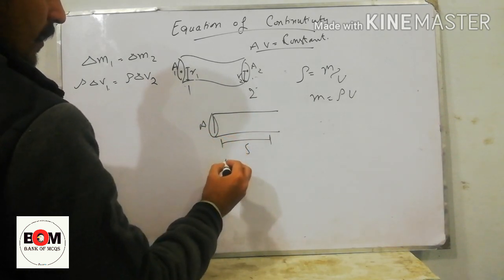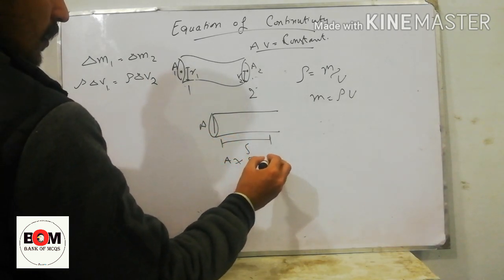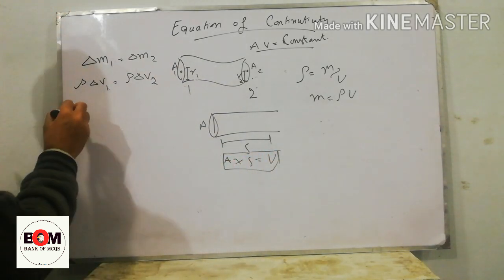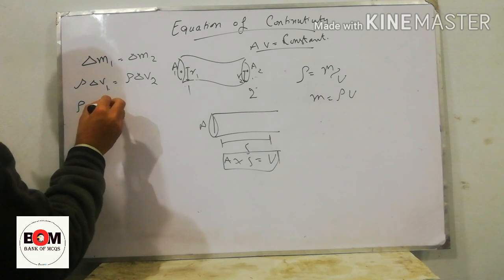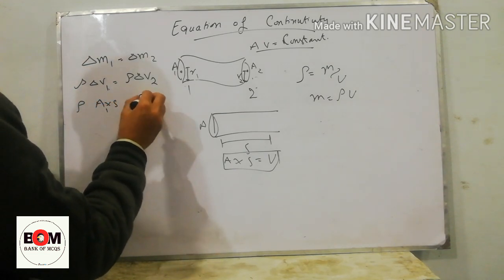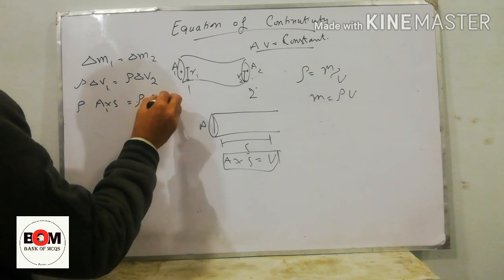So we can put V is equal to A multiplied by S: A1 multiplied by S, and here we will get A2 multiplied by S.